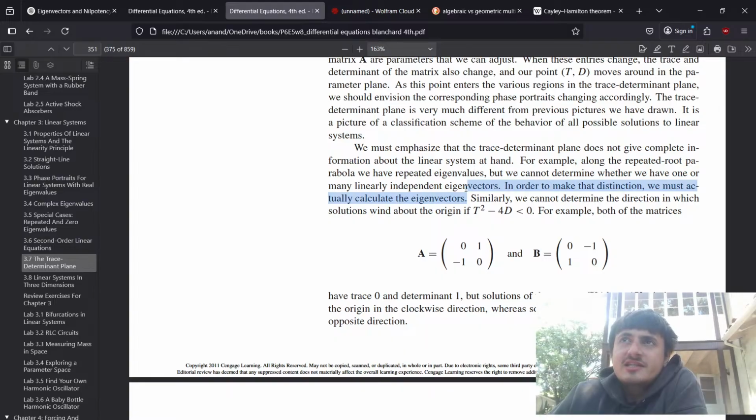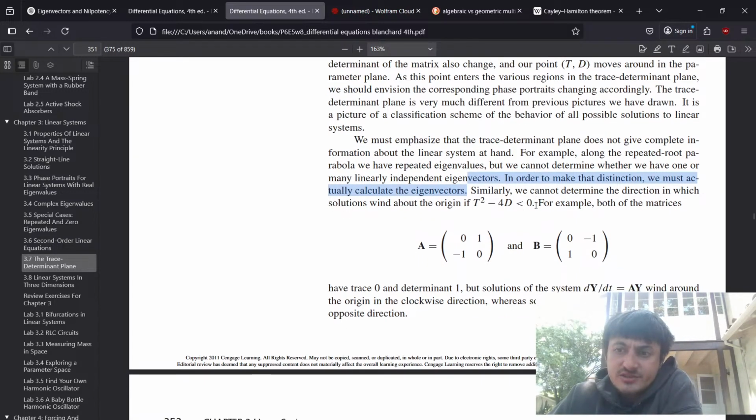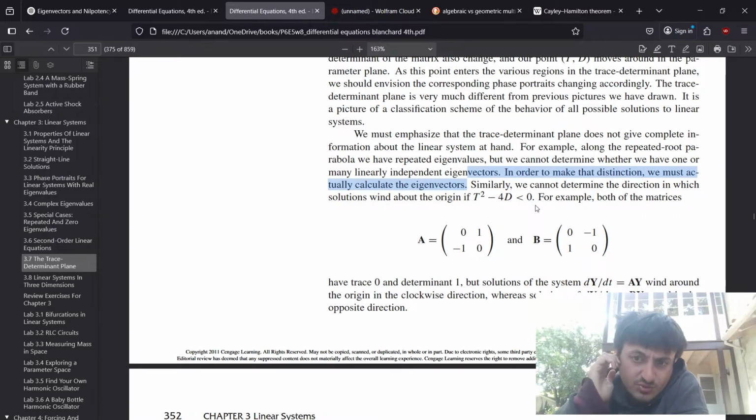Right, so this doesn't tell you the geometric multiplicity on the repeated root parabola. Similarly, we cannot determine the direction in which the solutions wind about the origin.